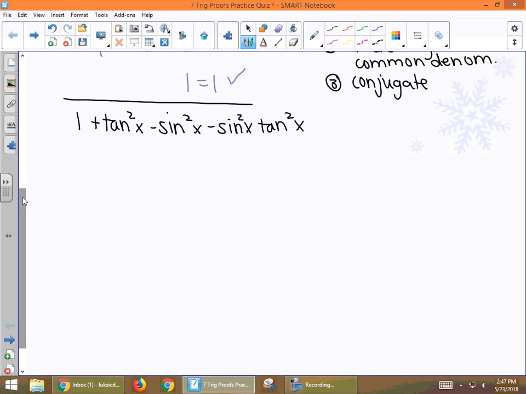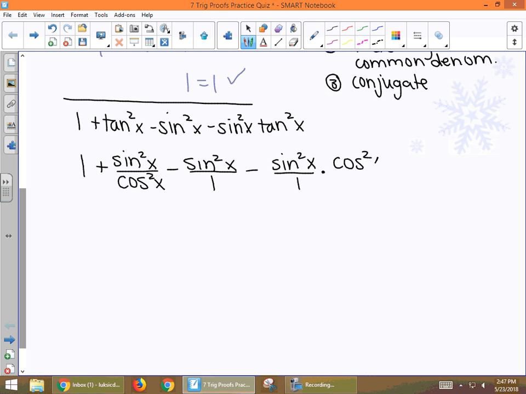So I would change everything to sines and cosines now. Tangent squared is sine squared over cosine squared. And if I have a 1 fraction, I'm going to make everything else a fraction too. I'm sorry, that should be sine squared.